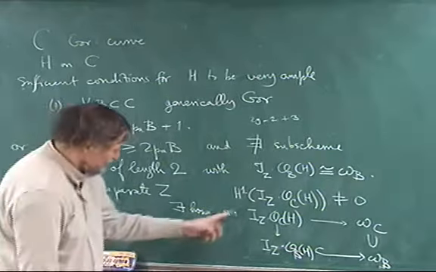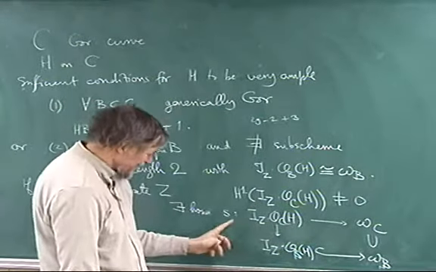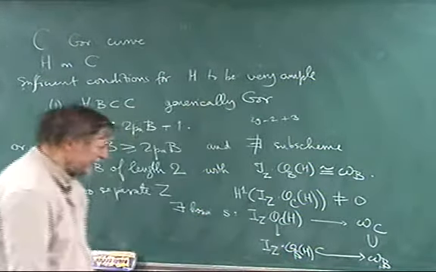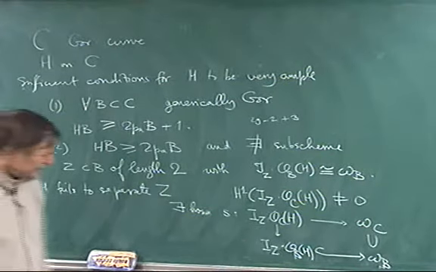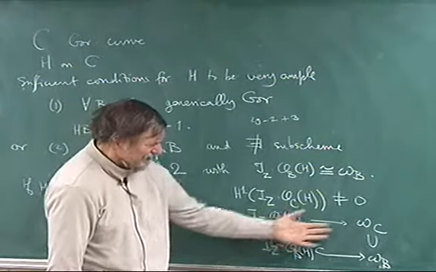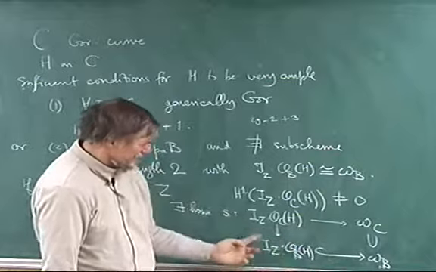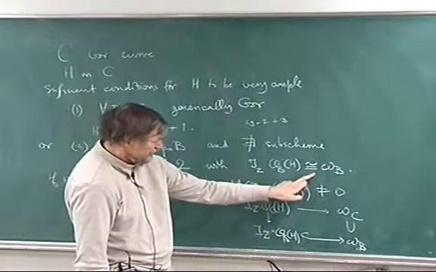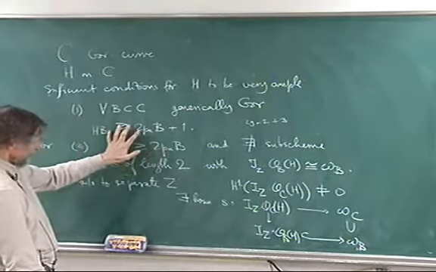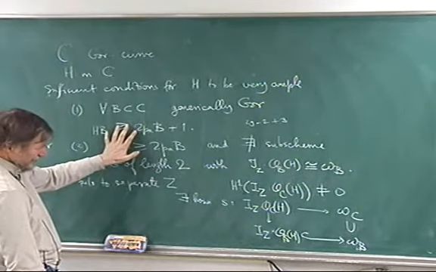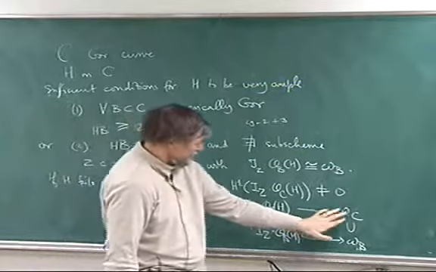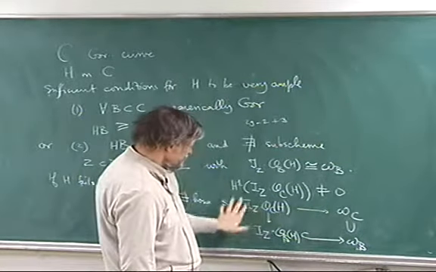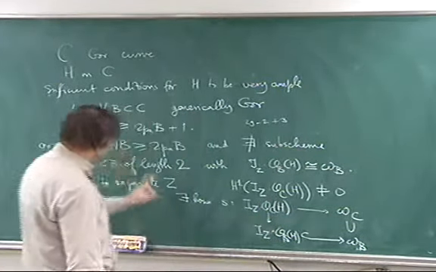Yeah? So this being non-zero is just the same as there existing a homomorphism there. Right? Now this homomorphism might be generically injective, in which case B is equal to C and we've finished. Right? So in this case we get a contradiction, because the degree of this one is 2p minus 2, and the degree of this one is this.